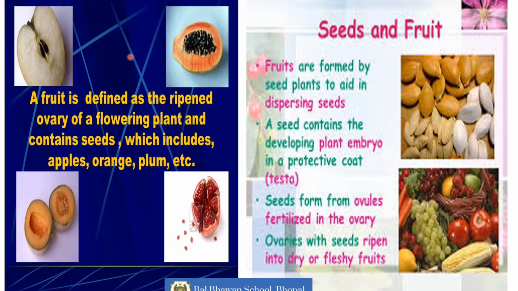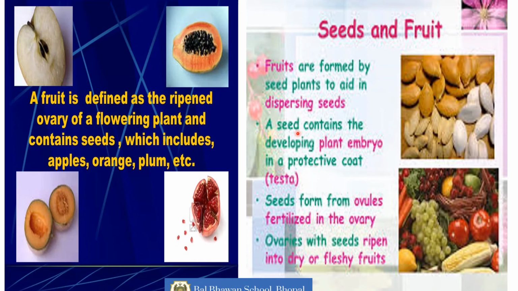Now, let us see what is a fruit. Fruit we define as the ripened ovary of a flowering plant, and a fruit contains seeds. These fruits include apples, oranges, plums, etc. Now, let us see what is a seed. A seed contains the developing plant or the embryo in a protective coat.